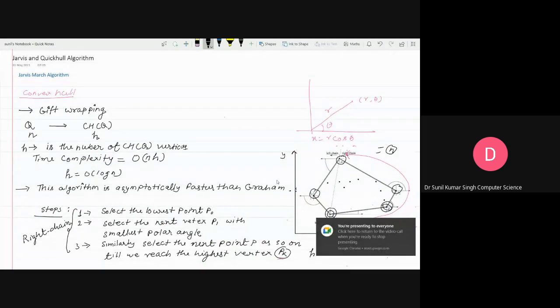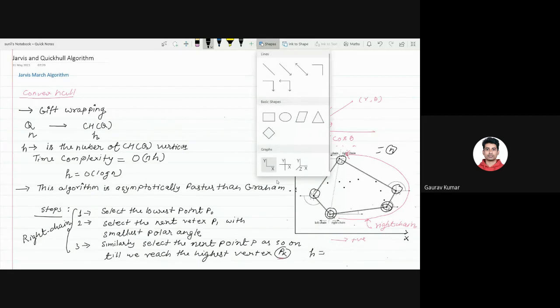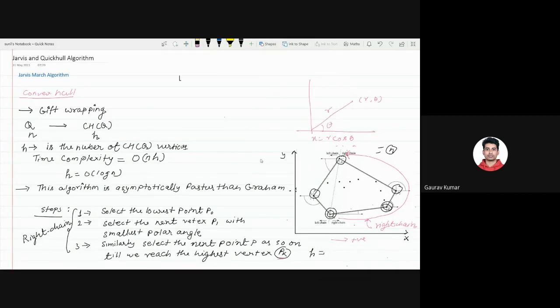Suppose we are choosing n log n because we want to compare it with the previous algorithm, the Graham-Scan algorithm. Maybe you can say it like this also: if it is going to take order of log n points, then we can say that it will perform better than the Graham-Scan algorithm. Otherwise, it will not perform better. Let's take a scenario.